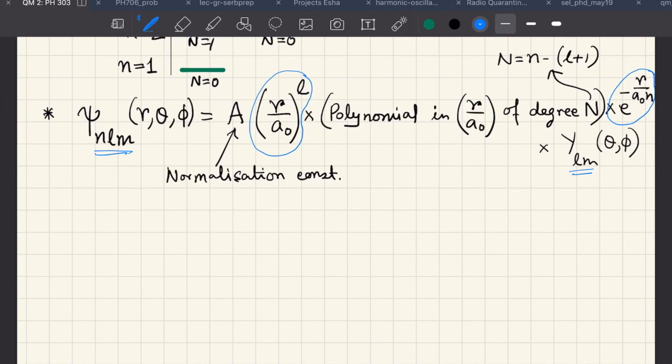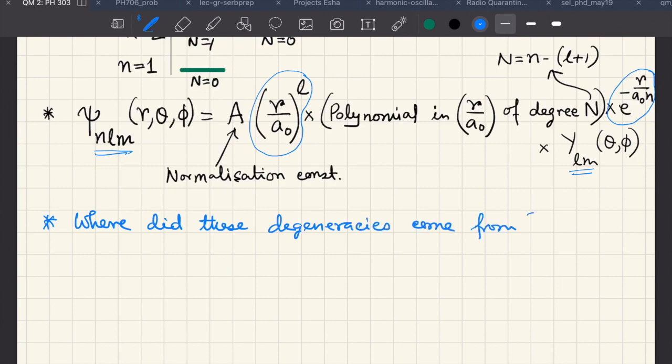Let us ask this very basic question: where did these degeneracies come from actually? And of course, you know the answer. Usually, this degeneracy or any degeneracy is related to a conservation law, and as you all know, these conservation laws in turn are related to the symmetry.